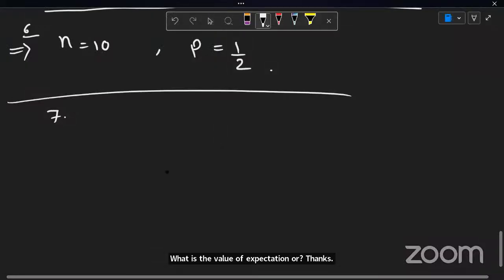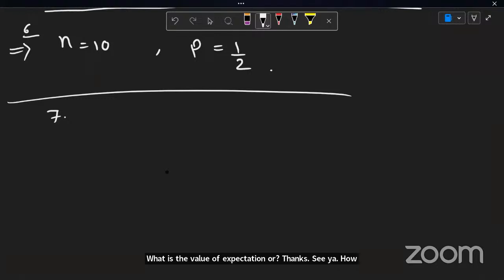So how will you go with this? It is uniformly distributed, so we'll directly apply the formula. For each key, you have 21 options, right?